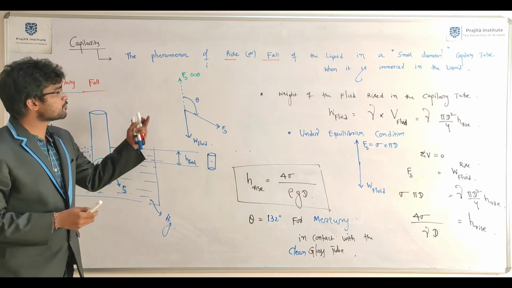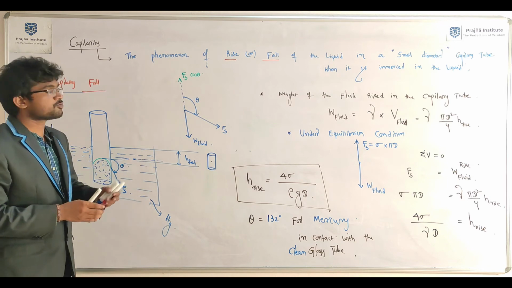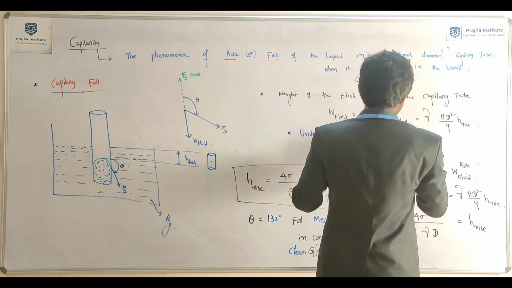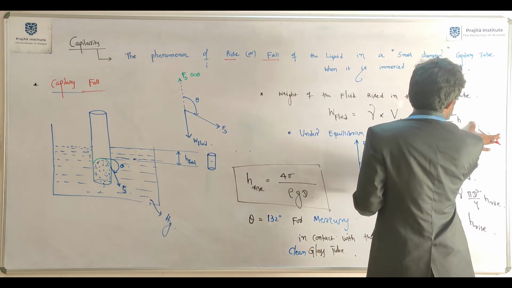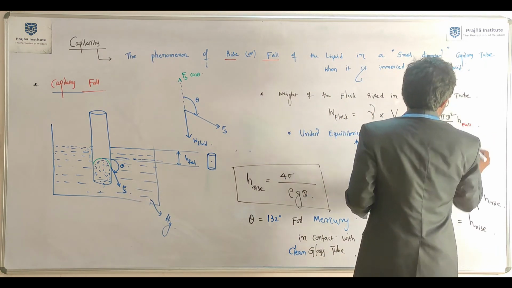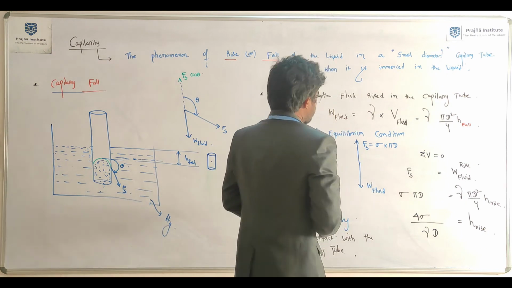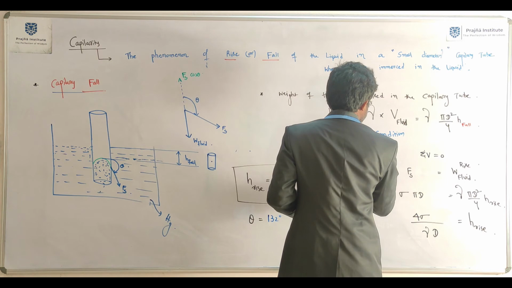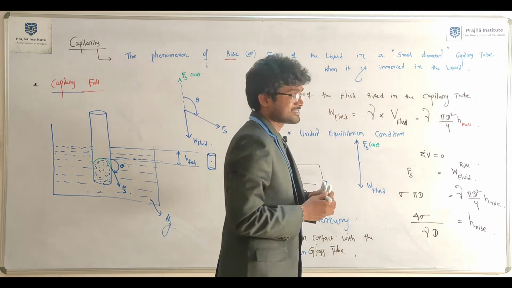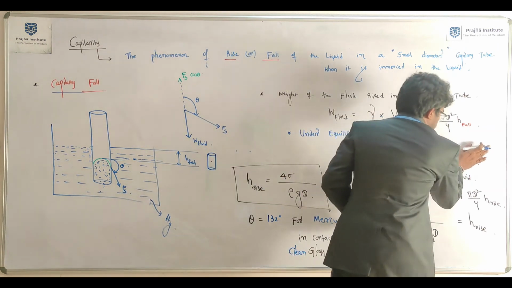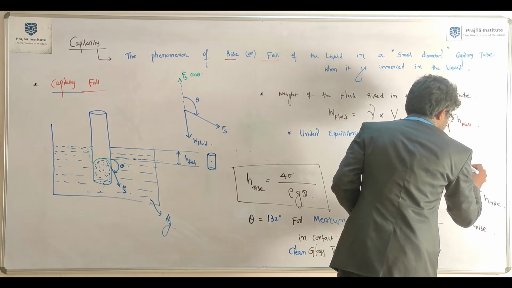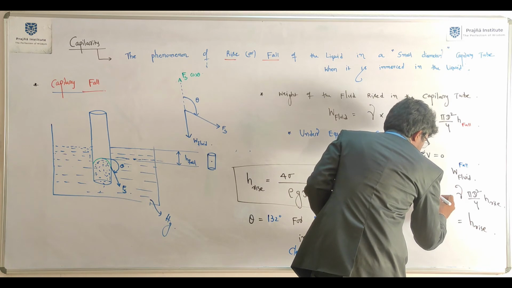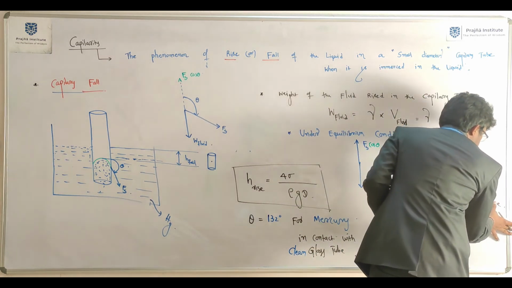Sum of the upward forces equals sum of the downward forces. Here you take H fall, and Fs cos theta, and W fall.